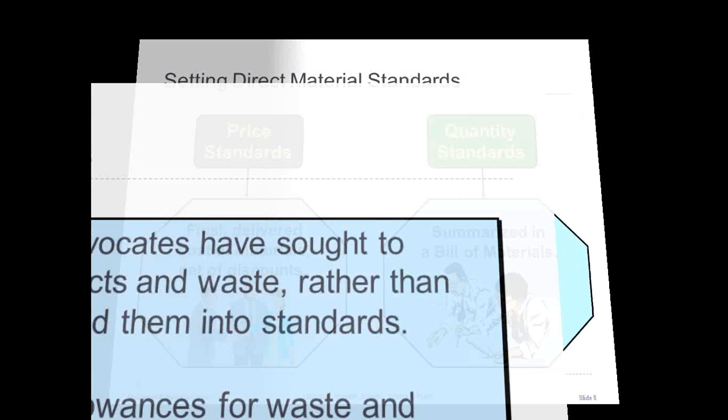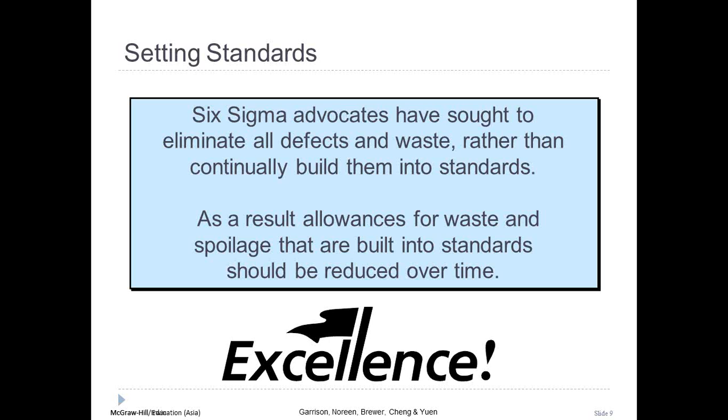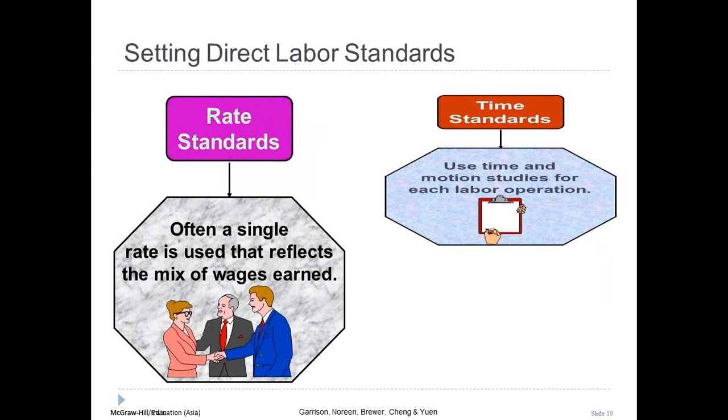Six Sigma advocates argue that waste and spoilage should not be tolerated. If allowances for waste and spoilage are built into the standard quantity, the level of those allowances should be reduced over time. The standard rate per hour for direct labor includes not only wages earned but also fringe benefits and other labor costs.